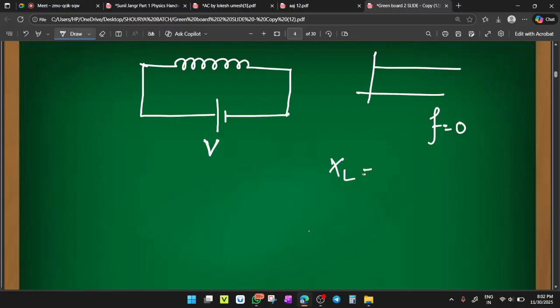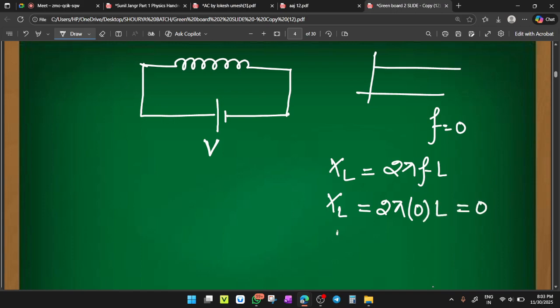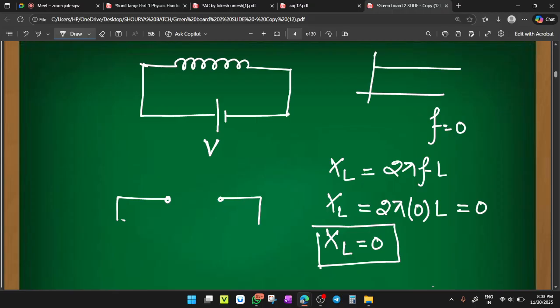So what resistance is offered here? XL equals 2 pi F L. If you place frequency equals 0, 2 pi times 0 times L becomes 0. Means the inductive reactance of the coil becomes 0. So there will be no resistance at all, and this path will behave as an ideal path, or you can say a short path.